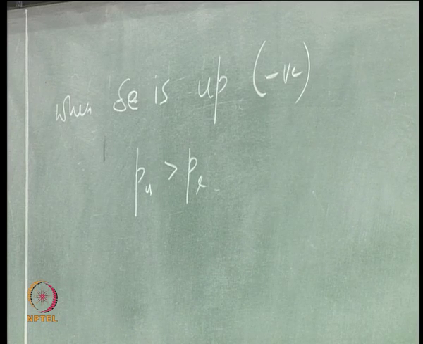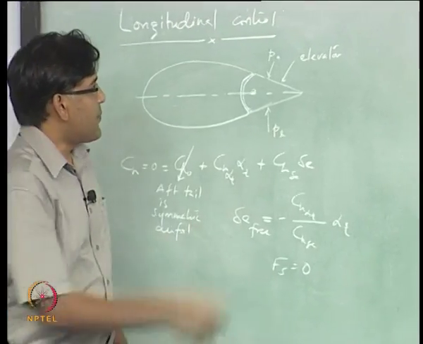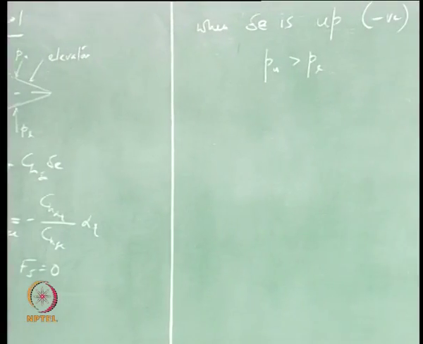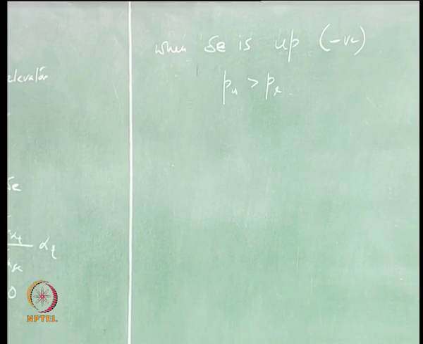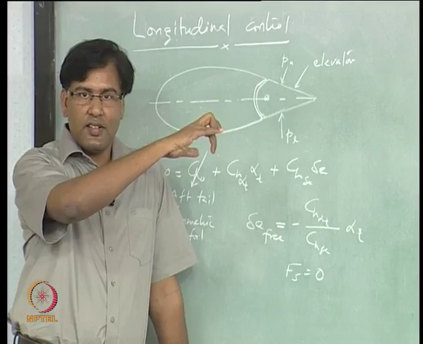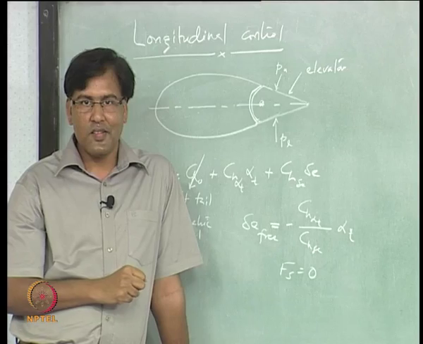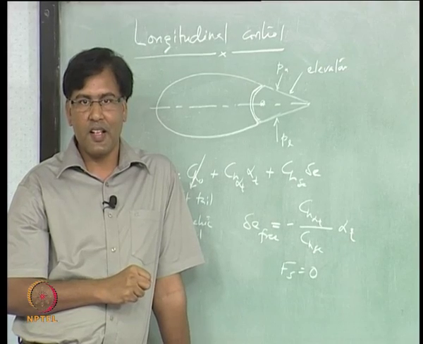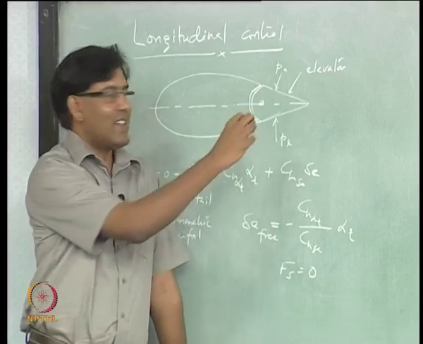Okay, so you are getting a lift downward, isn't it? So if PU is greater than PL, then which way is the aerodynamic moment acting on the hinge point? It's positive. You said it right, okay.